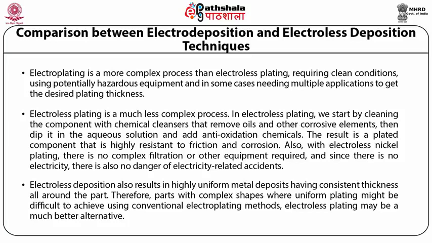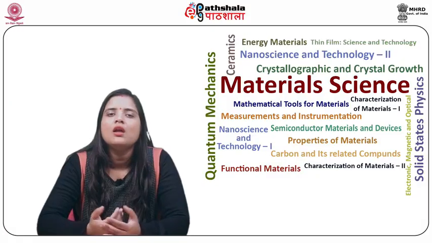Electroless deposition also results in highly uniform metal deposits having consistent thickness all around the part. Therefore, for parts with complex shapes where uniform plating might be difficult to achieve using conventional electroplating methods, electroless plating may be a much better alternative.